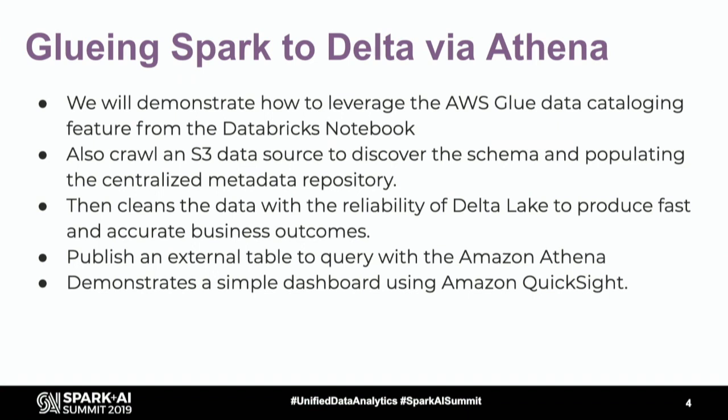Then we'll use Delta to read this data, cleanse the data, and publish that data so that we can consume it from Athena, and demonstrate a nice little dashboard with QuickSight, and we hope to leave you with some good recommendations towards the end of the session.